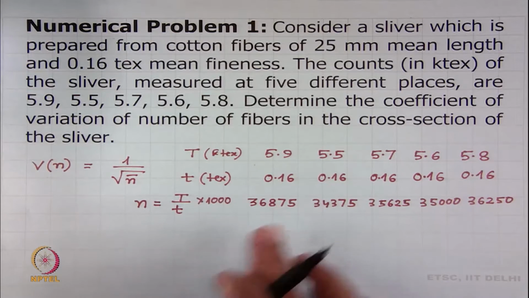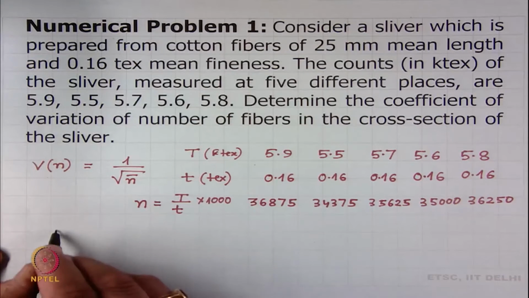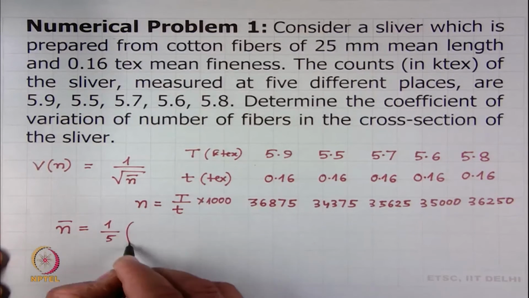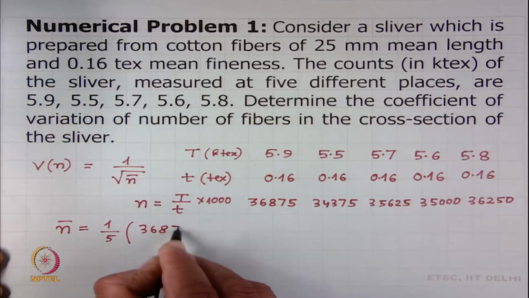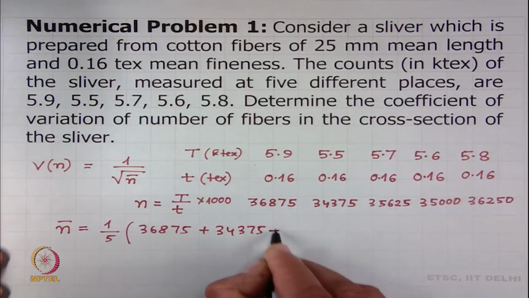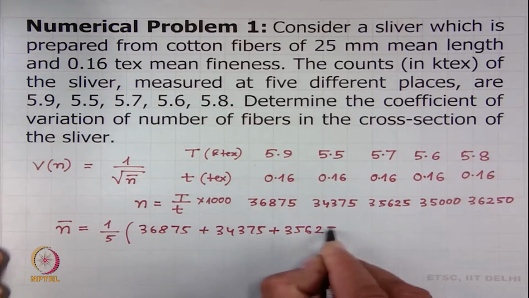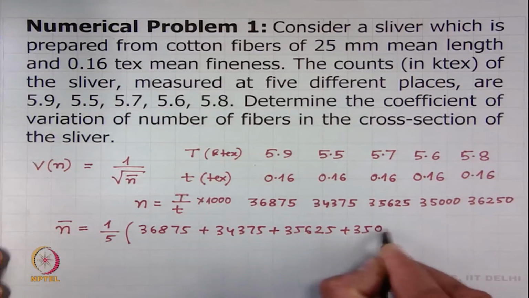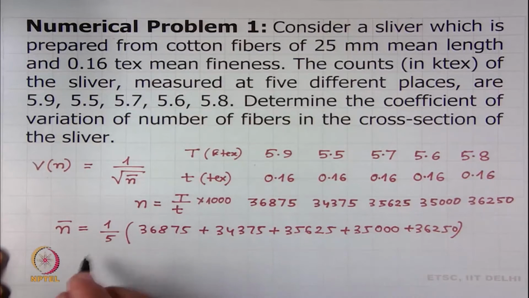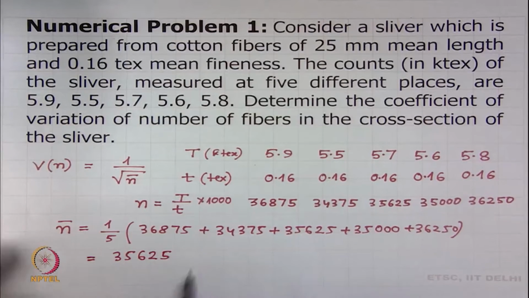So, 5 readings of number we can find out, and the average will be equal to 35625. So, this is the average number of fibers present in the cross section of the sliver.